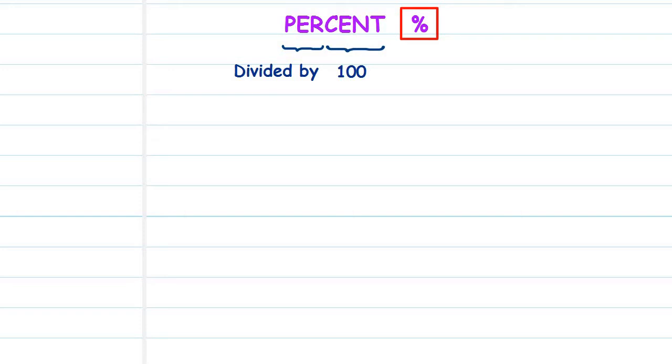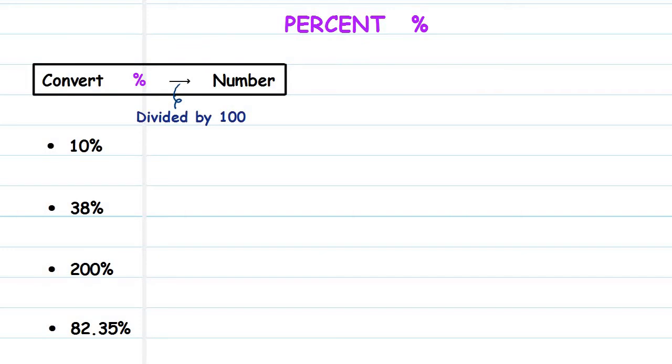Now that we know the concept, the basic meaning, and the symbol of percent, let's take a look at some math. First, we will try to convert percent into a number. Remember that when we see percent, it means divided by 100. Let's try 10%. 10% means 10 divided by 100.